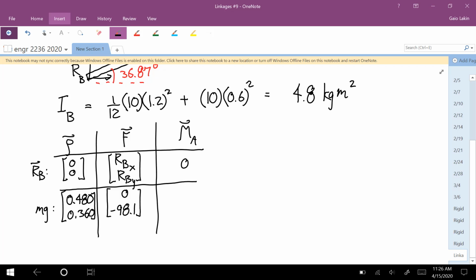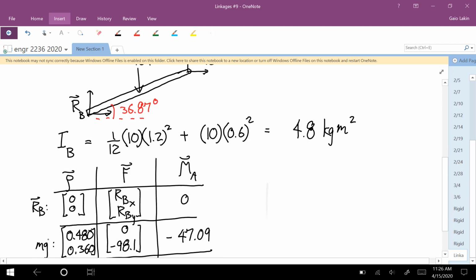So that's 47.09 negative. And the last one is that force F12.